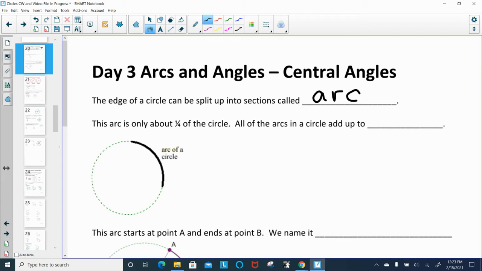They can be big, they can be small, but all of the arcs add up to 360 degrees in a circle. If you think about back to our triangle days, how all of our triangles added up to 180, you can kind of use that mindset for helping you understand the arcs adding up to 360.